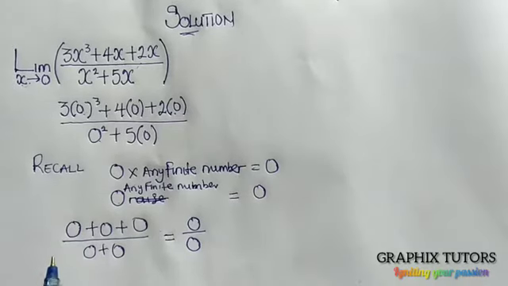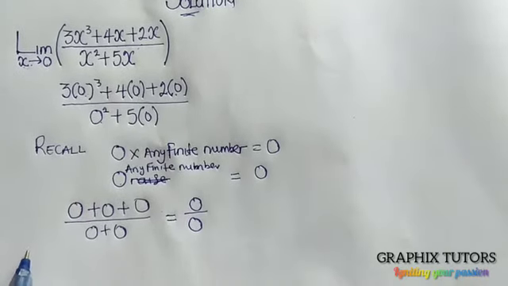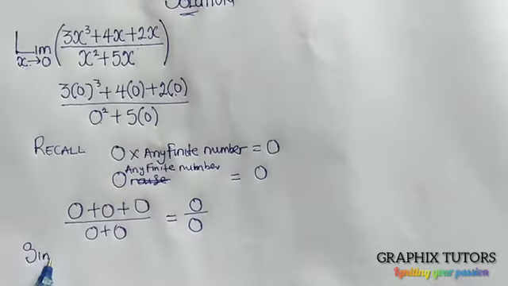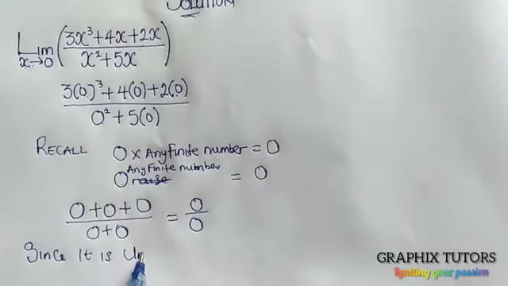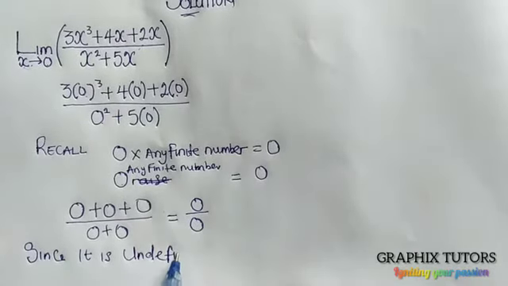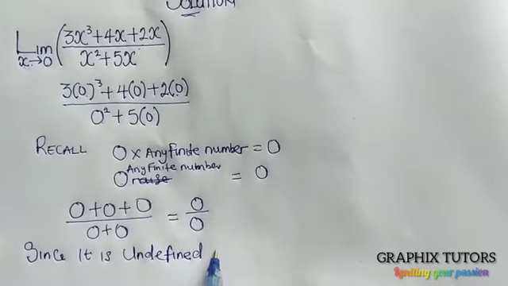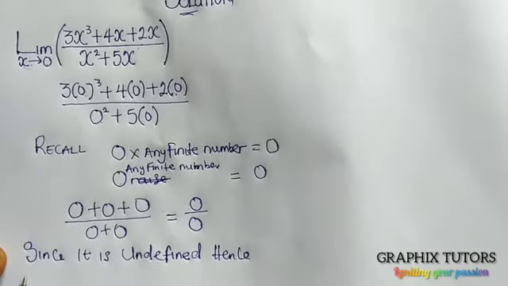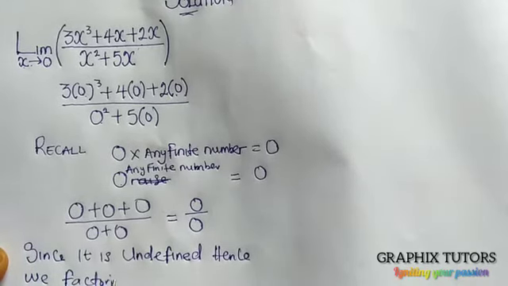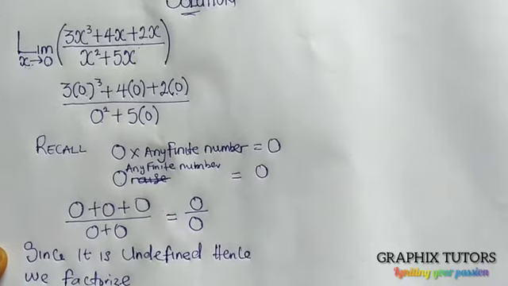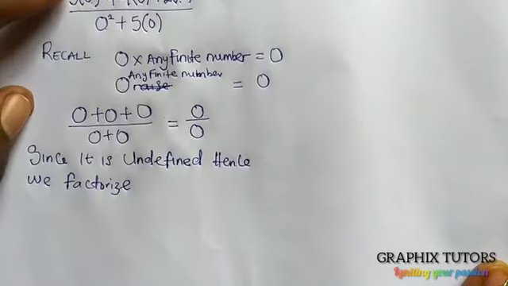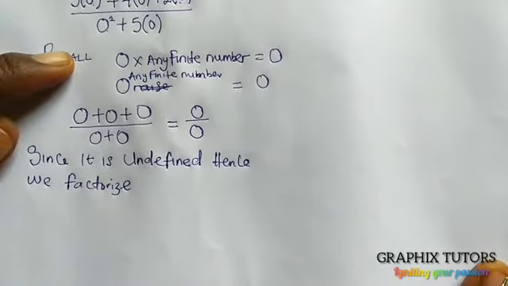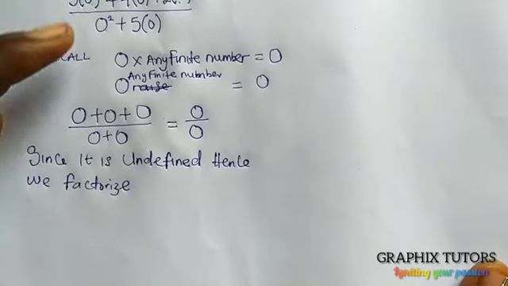So since it is undefined, then you factorize. So that means this is not what you ought to do first. You have to do something else before you input your value directly.